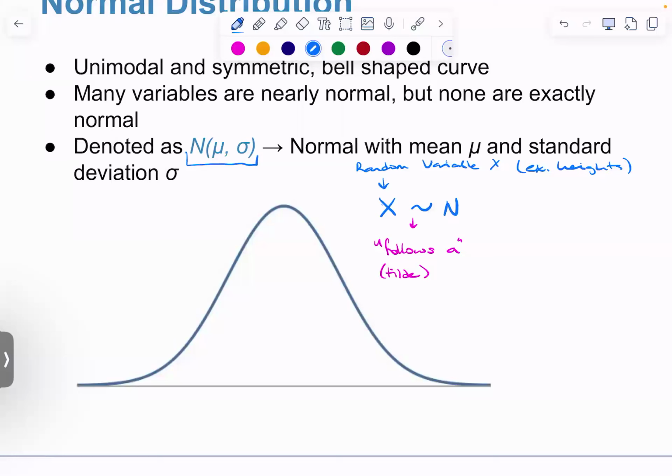Follows a normal distribution, which we denote with a capital N. Right? And then so the next thing here is a normal distribution.